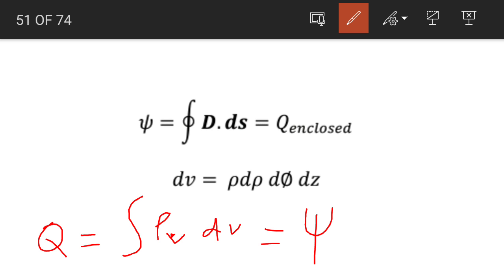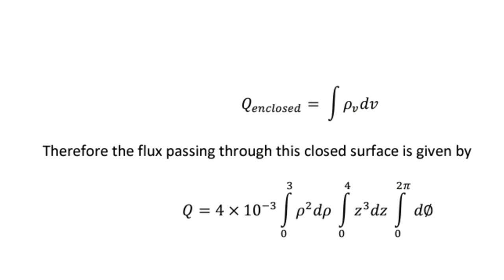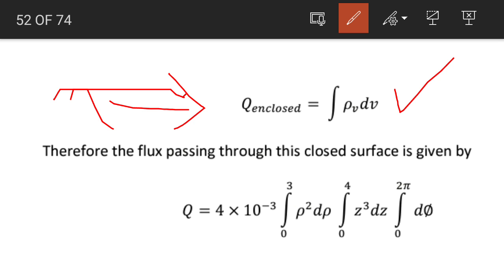The closed surface is in the form of a cylinder. So as the closed surface is in the form of a cylinder, the differential volume in the cylindrical coordinate system is equal to rho d rho d phi dz. So we calculate rho v dv first, and then we integrate rho v dv, and the integration of rho v dv will give you the charge enclosed by the closed surface.